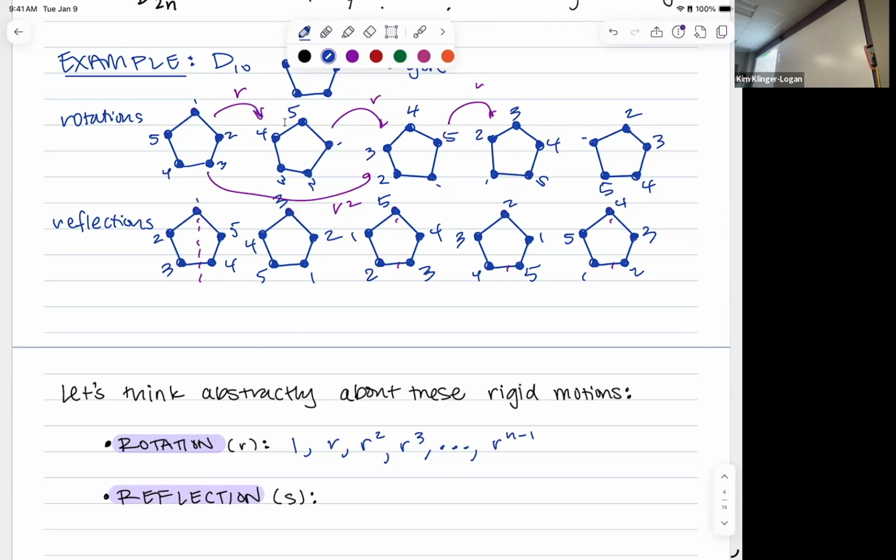But what I could do to categorize how these reflections work is, instead of just choosing a different vertex and then reflecting about that vertex, let's look at this reflection. I'm reflecting about... sorry, one second.